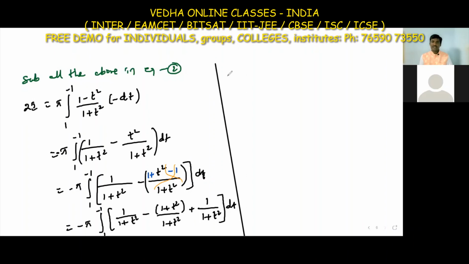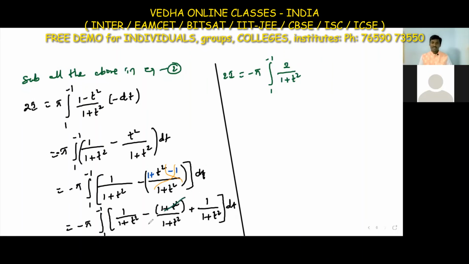After that, we can write 2I is equal to minus pi outside, and the integral from 1 to -1 of 1 by 1 plus t square. Two terms we have, 2 by 1 plus t square, or 2 into 1 by 1 plus t square.